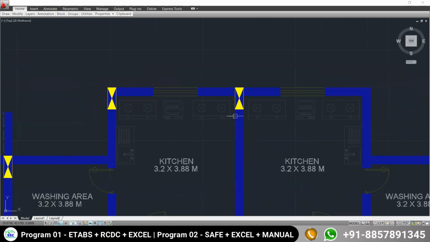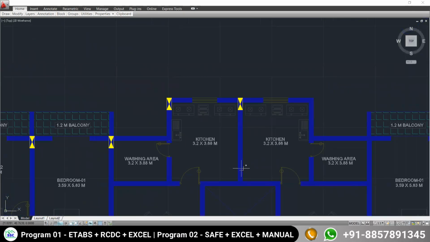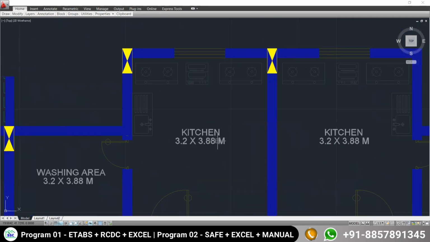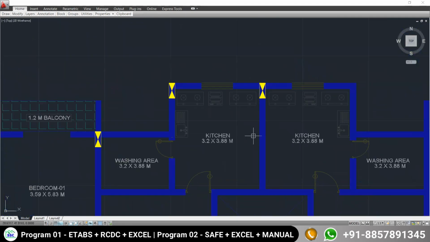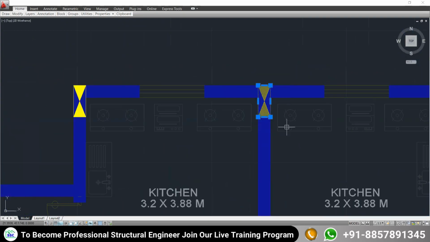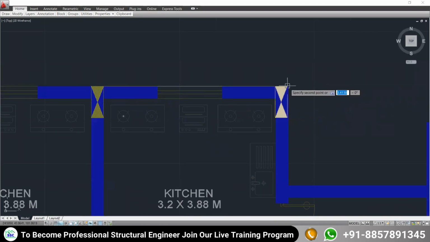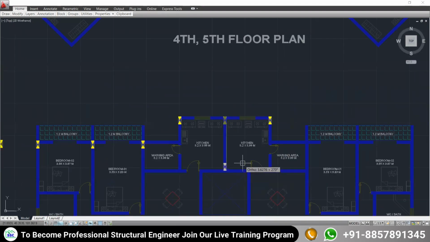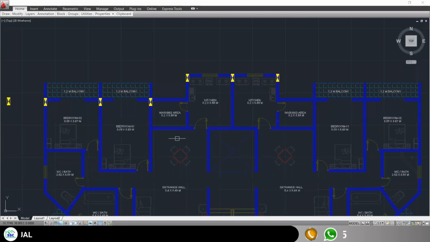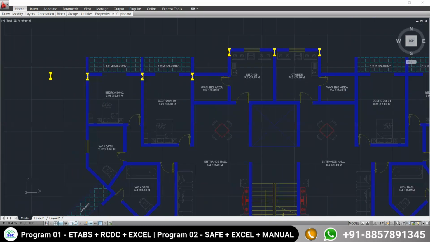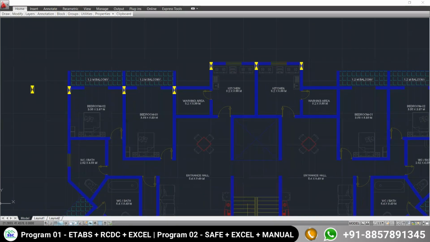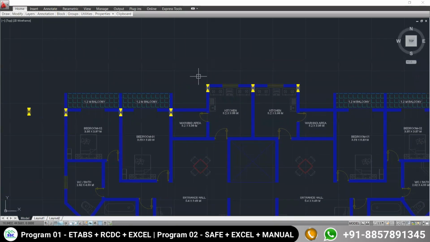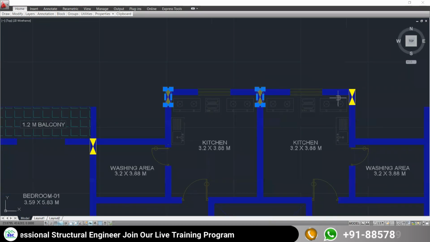Now, because the long span beam is coming from this side, 3.88 almost, I think we should take this. After that, take this column from here to here. Now this is done. Next, after this, I will take a column at each point here also.